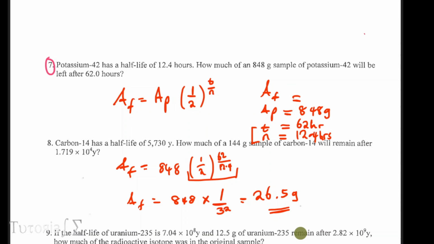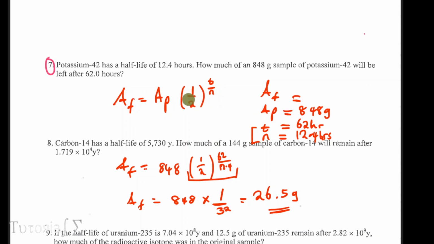The understanding here is that the time and the half life should have the same units. If they are all in hours, they should stay in hours. That is understanding number one.